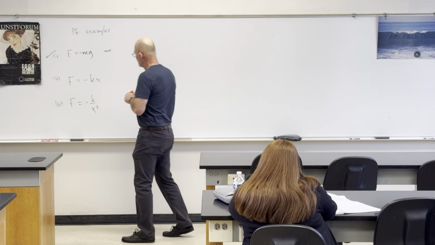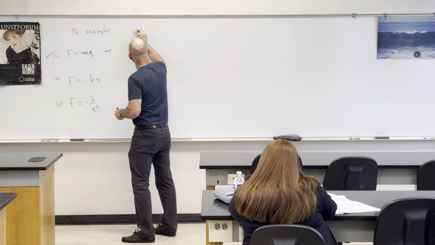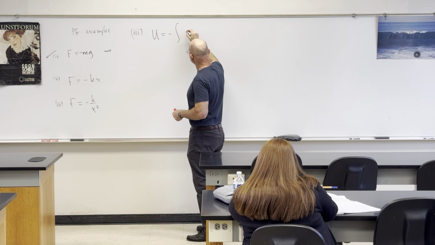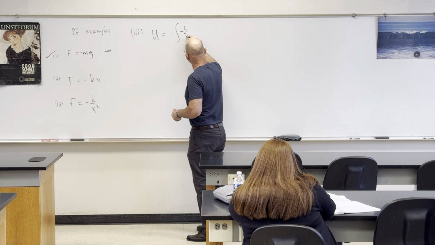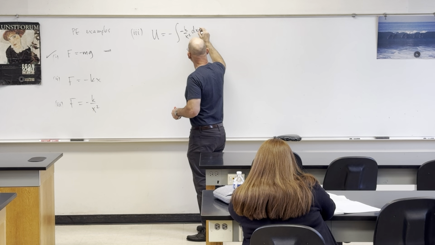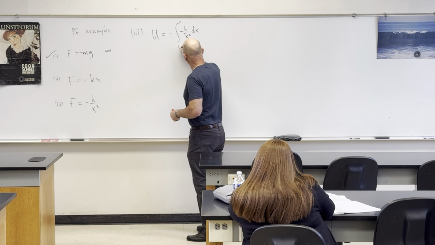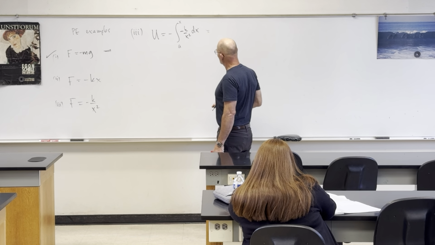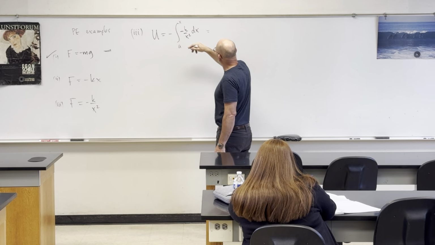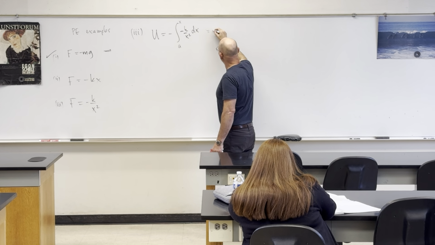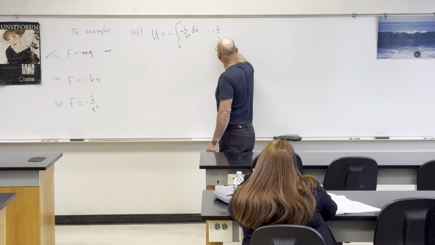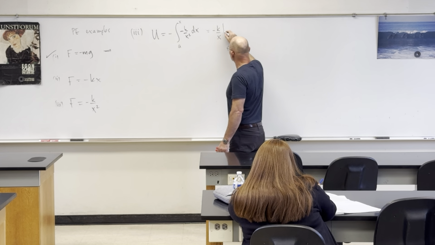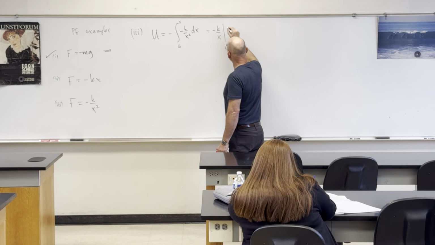So here, for the inverse square law, potential will be minus integral of negative k over x squared dx, integration constant a to x. So we're going to get here, we've got that inverse power, minus k over x.